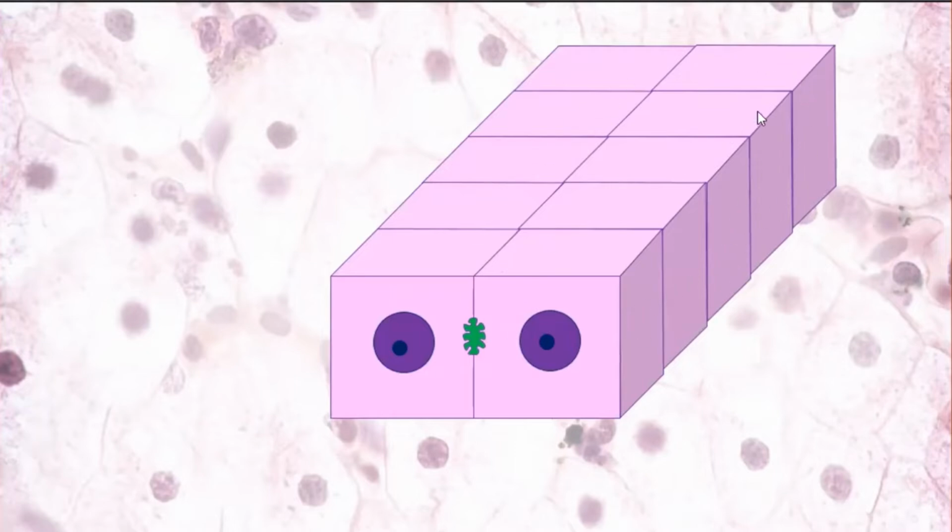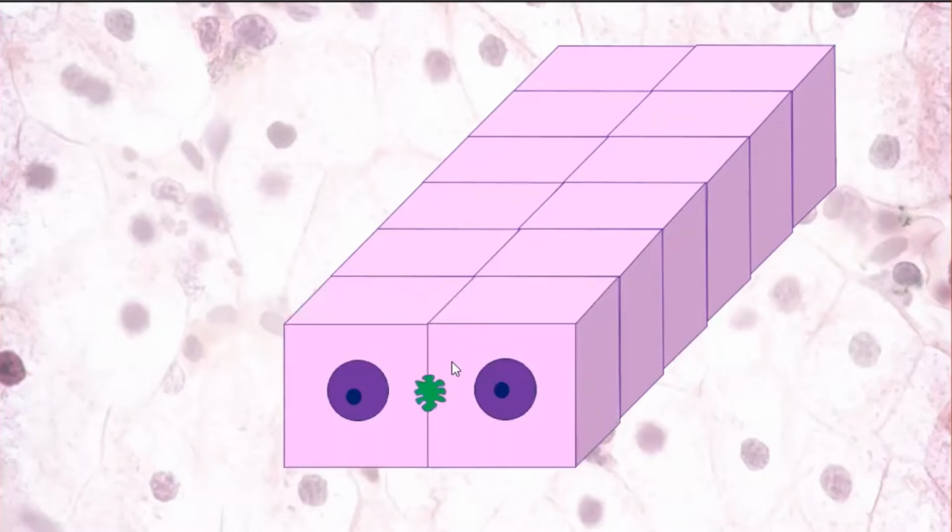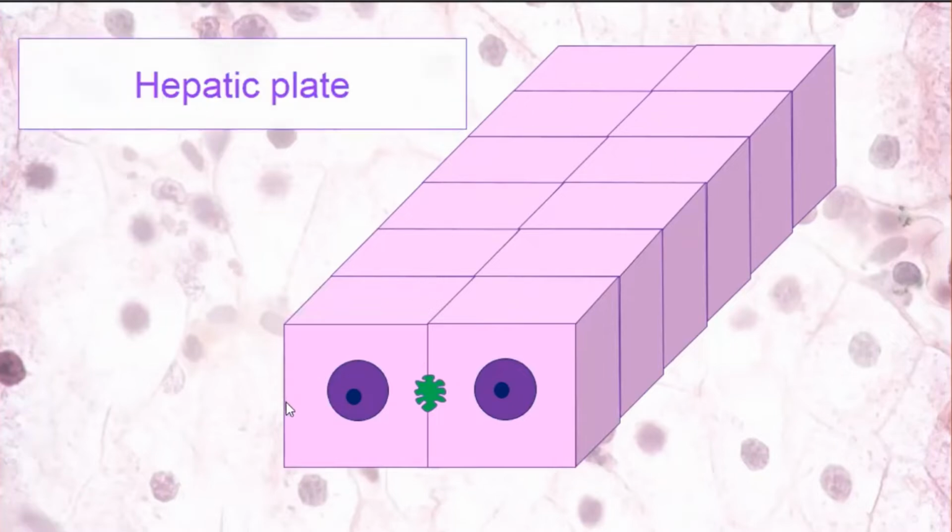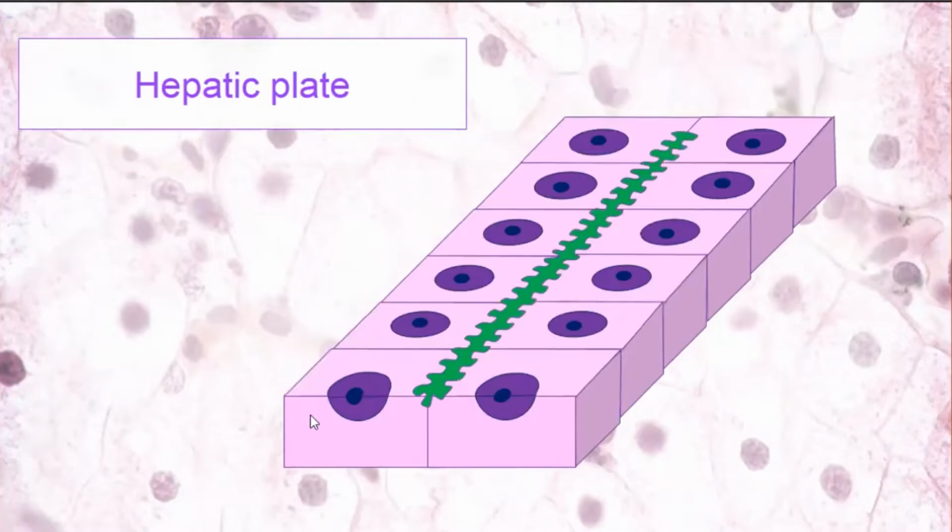It contains 2 rows of hepatocytes, and inside this hepatic plate we have a bile capillary, which goes through all of the hepatic plate. And if we cut this hepatic plate in this plane, we will see this picture. We will see the bile capillary or bile canaliculus, which goes through all of the hepatic plate.